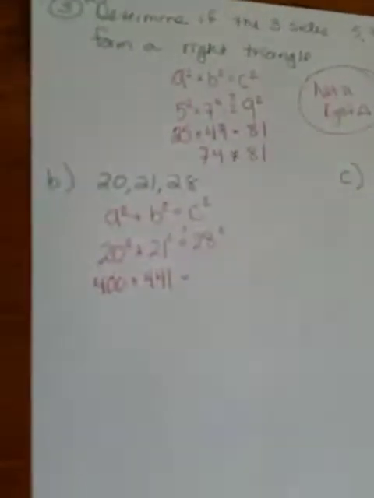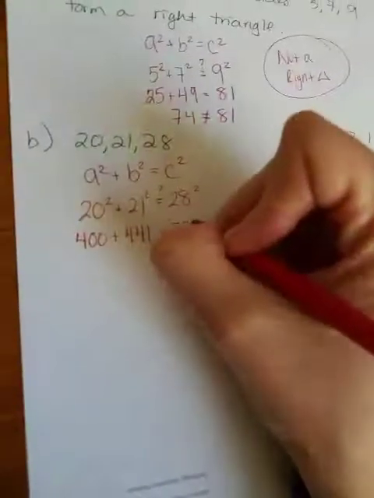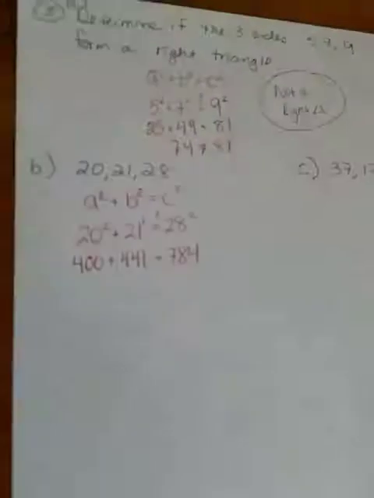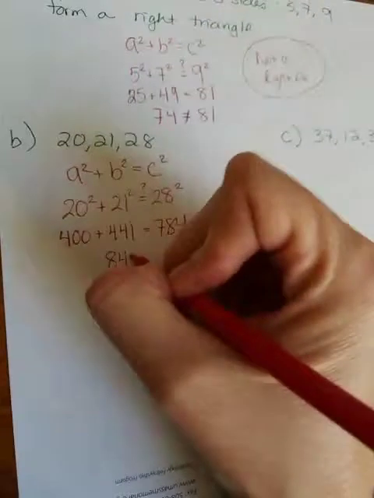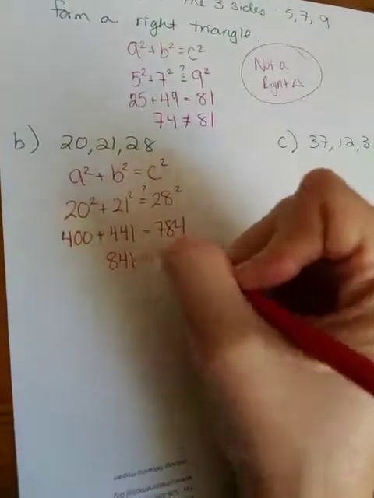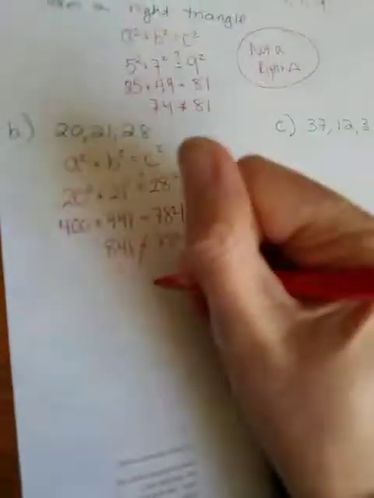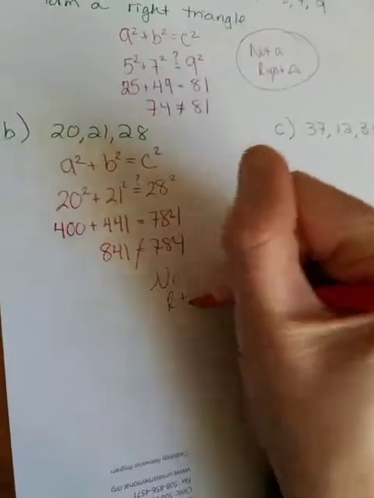And we want to know, does that equal 28 squared, which is 784. So 400 plus 441, that's going to be 841. So do those two equal each other? The answer is no. So do we have a right triangle? No right triangle.